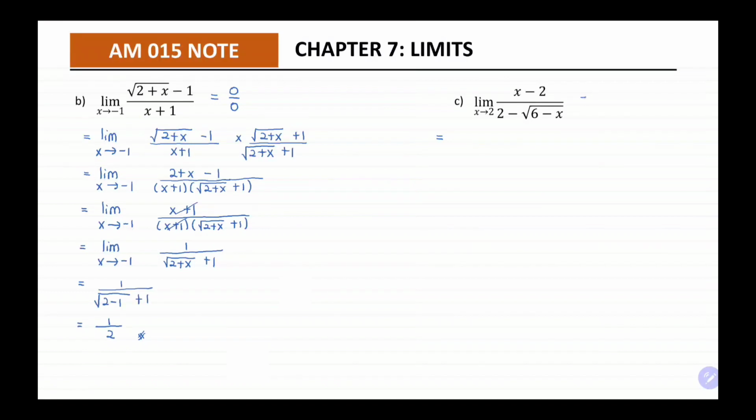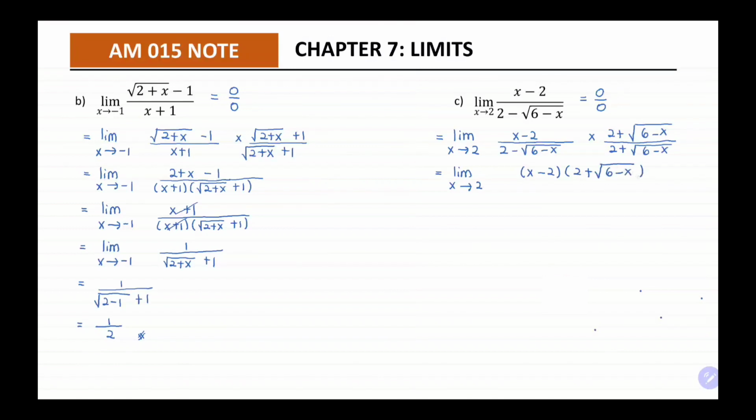Since we substitute 2 into the function, we get 0 over 0, so we need to use conjugate. We multiply with the conjugate, (2 + √(6 - x)) divided by (2 + √(6 - x)). We conjugate the part that has the square root. Next we expand. The part that is not the same we keep, (x - 2) times (2 + √(6 - x)). The denominators are the same on both, so we can expand. So we get 4, I'll speed up, 4 minus (6 - x).